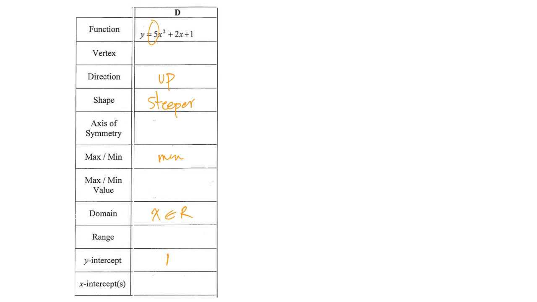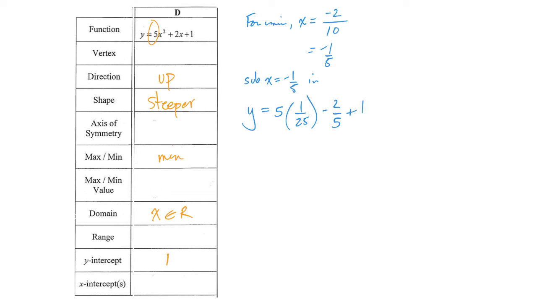Okay, I do need to find my vertex. So for my minimum value, I know that my vertex has to be at negative b over 2a. Reduce my fraction. I know I've got to be at negative 1/5. So that means that I'm going to have to sub x equals negative 1/5 back into my function. Calculate that to positive 1/25 minus 2/5 plus 1.